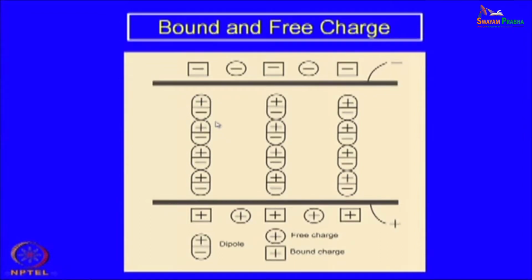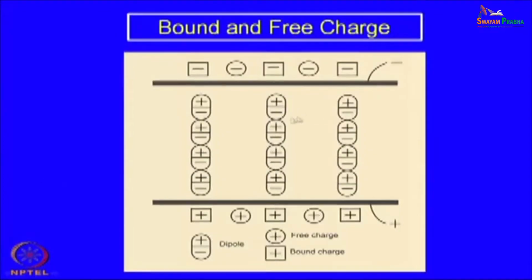So, these are formations of dipoles, that means a positive and negative charge separated by a distance. As a result of the application of the electric field, you are generating some dipoles within the insulator, and these dipoles are binding some charges on the surface of the electrodes.